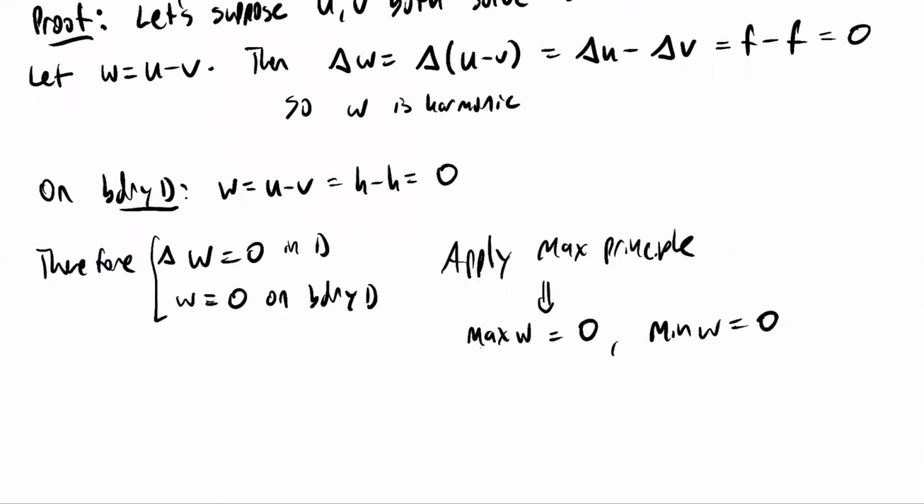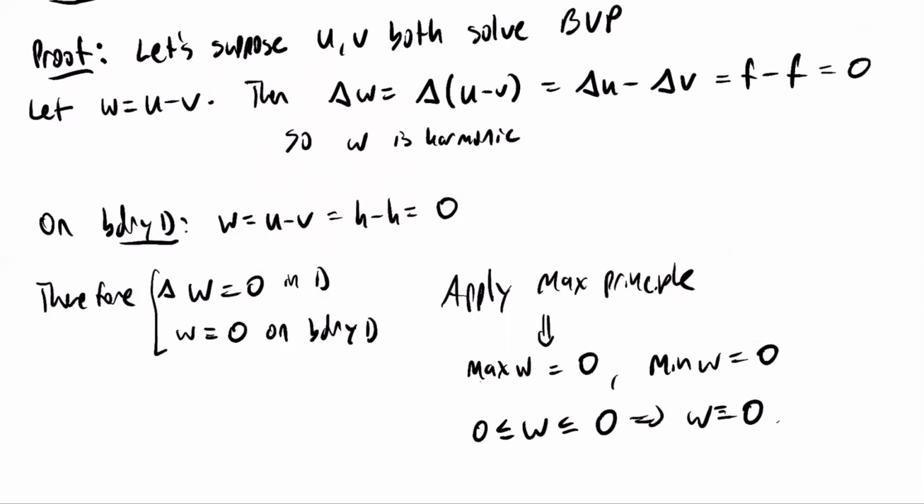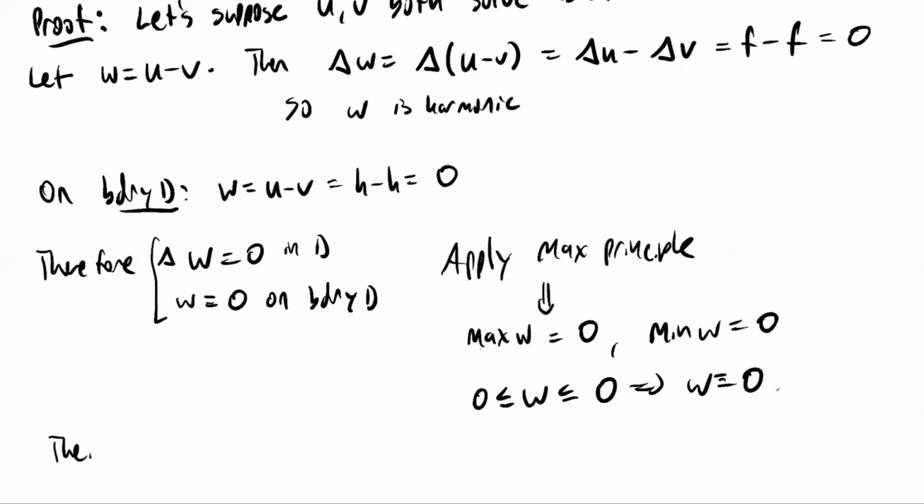So w is always bigger than or equal to the minimum and always less than or equal to the maximum for all points. And so therefore w is identically 0. But since w is equal to 0, at each point we have, by definition of w, 0 is equal to u minus v. And so this implies that u equals v for each point. And so that's the proof.